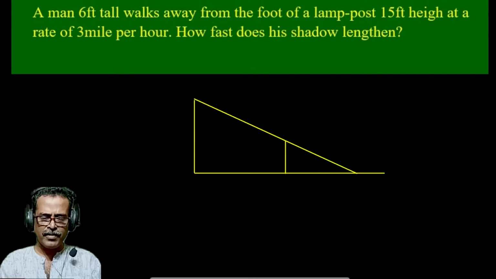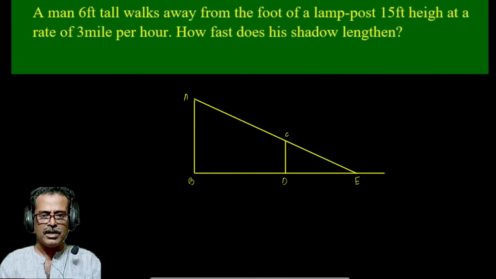That means if the lamppost is AB and the man is CD, then DE is the length of the shadow. How fast does his shadow lengthen? So we have to take the length of the shadow.